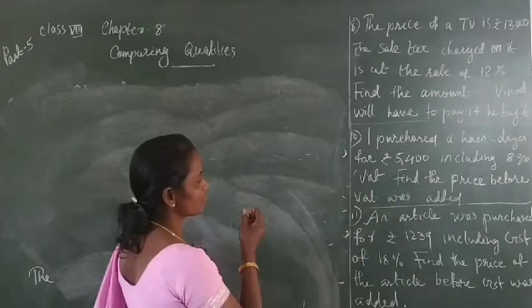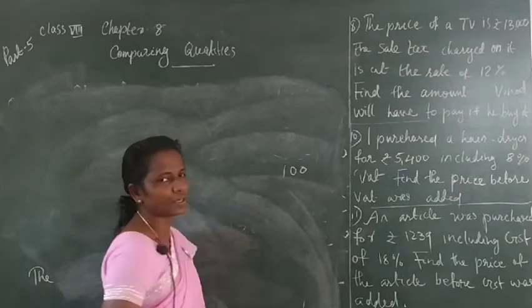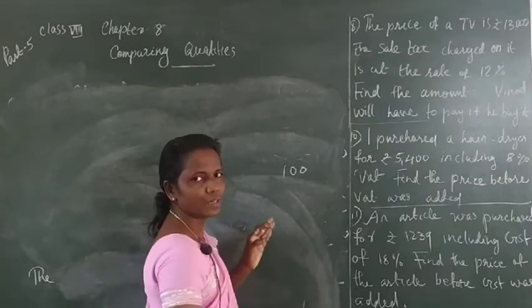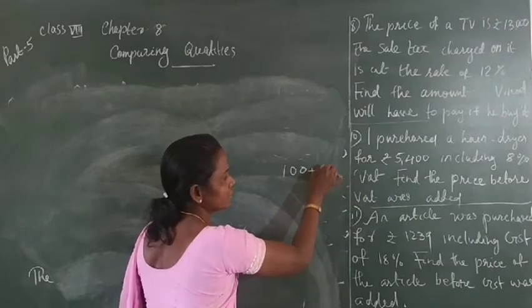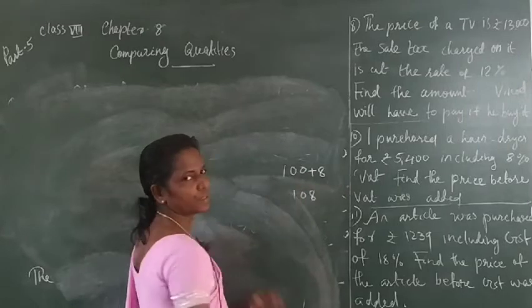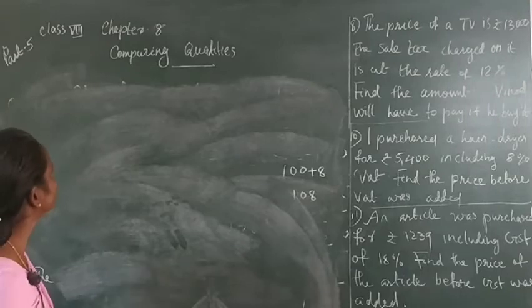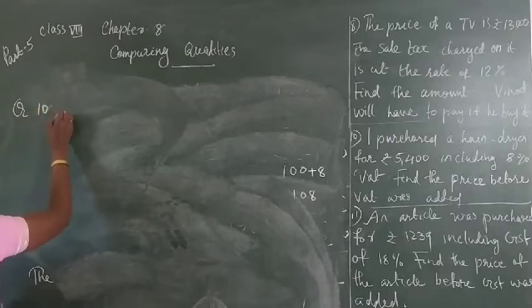For example, here original price is 100. Then what is the price included tax? Means here tax percentage is 8%. So price included tax is equal to 108. Then we can write question number 10.